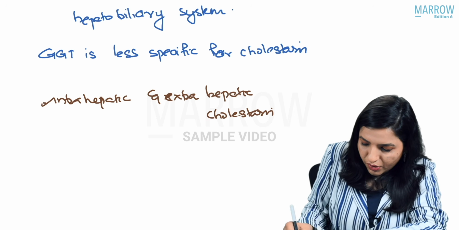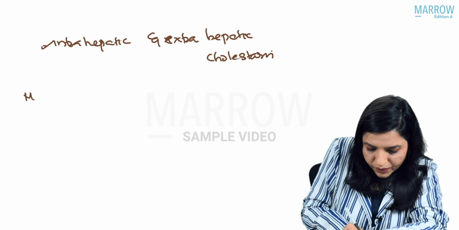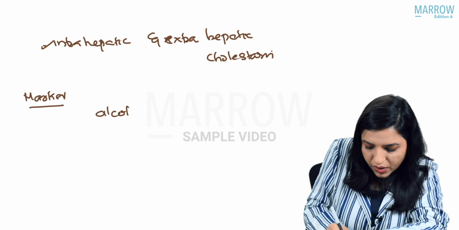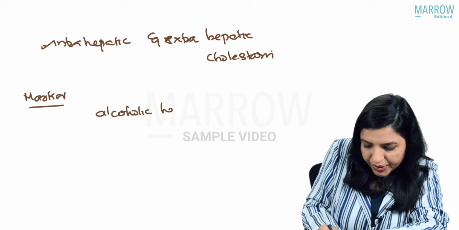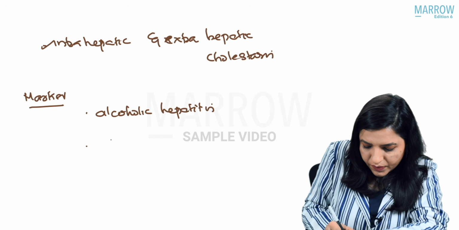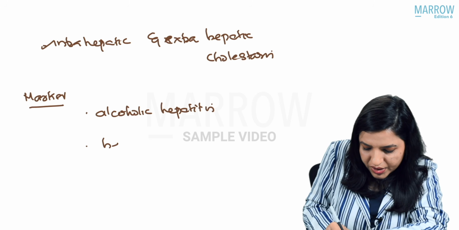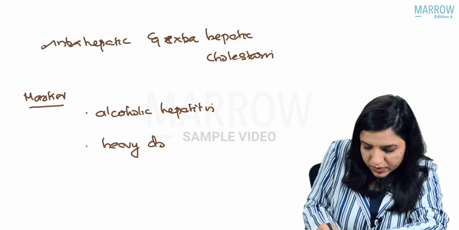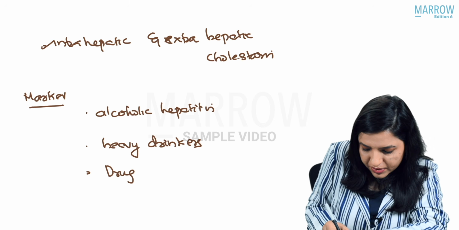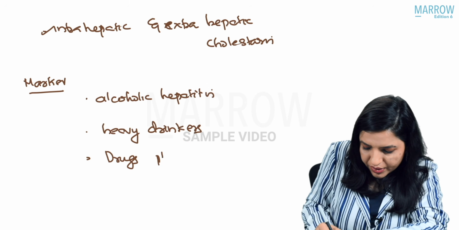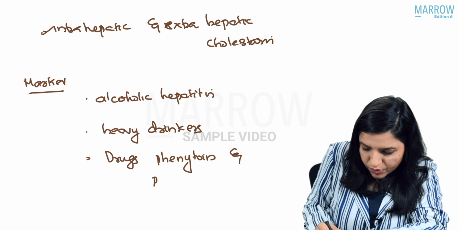Then what is the importance of gamma glutamyl transpeptidase? It is a marker of alcoholic hepatitis, heavy drinkers, and drugs like phenytoin and phenobarbital.